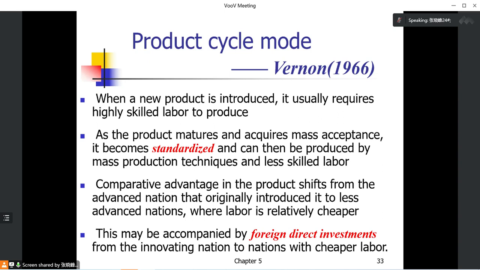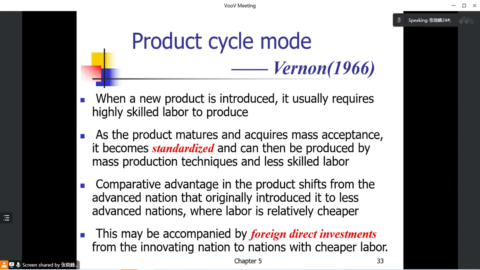These are the main points of the theory. Comparative advantage in the product shifts from the advanced nation that originally introduced it to less advanced nations where labor is relatively cheaper.